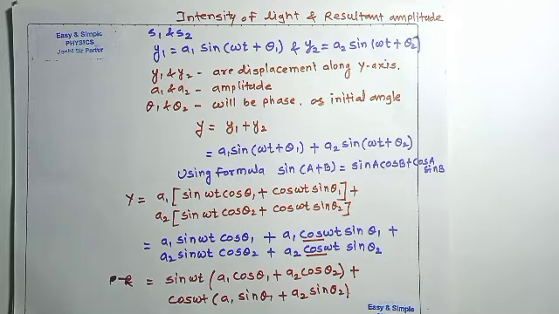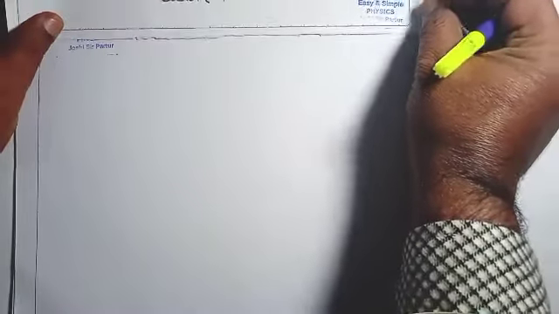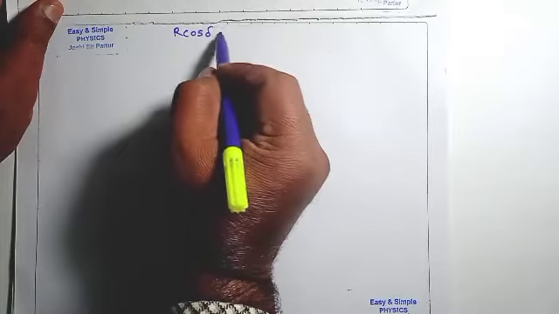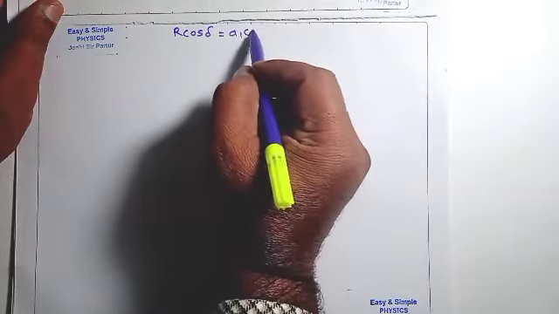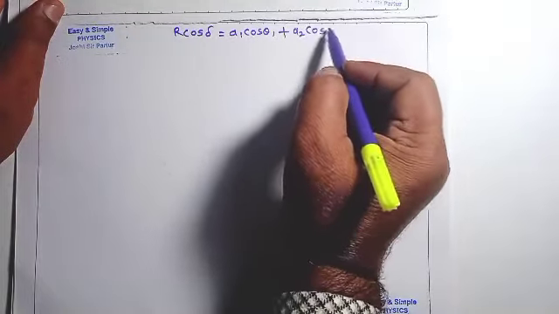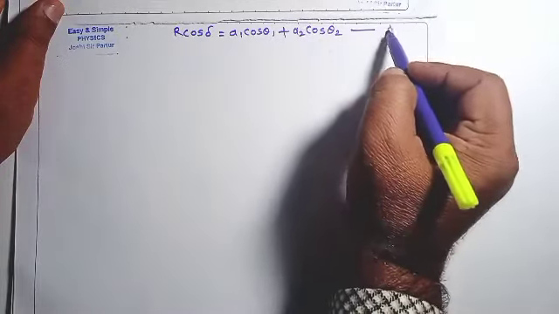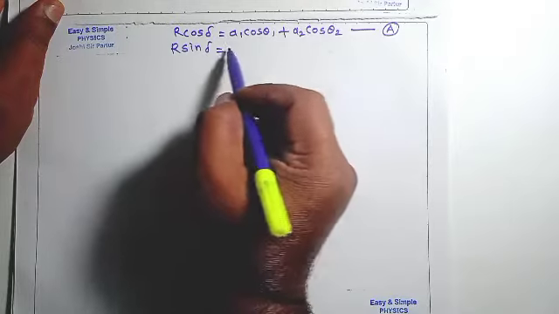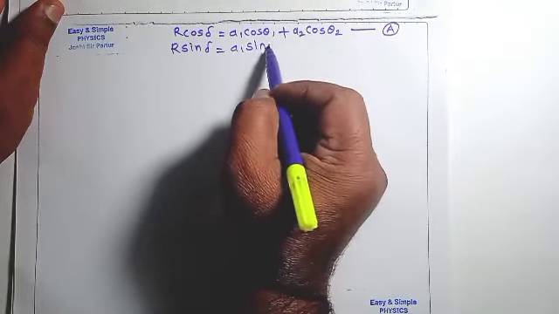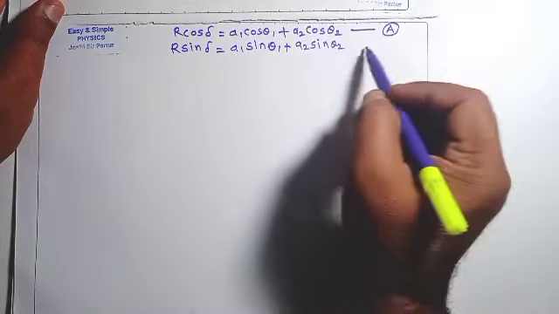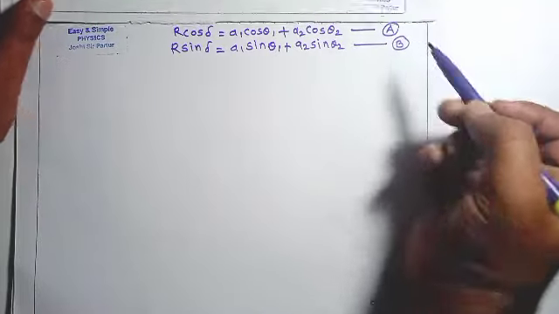If we consider R cos delta is equal to a1 cos theta 1 plus a2 cos theta 2, equation A, and R sin delta is equal to a1 sin theta 1 plus a2 sin theta 2, equation B.